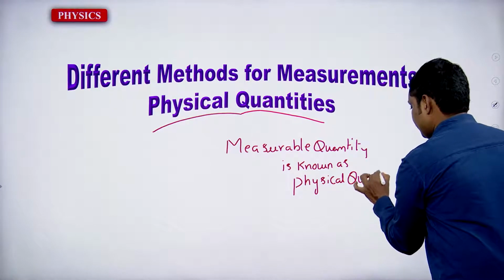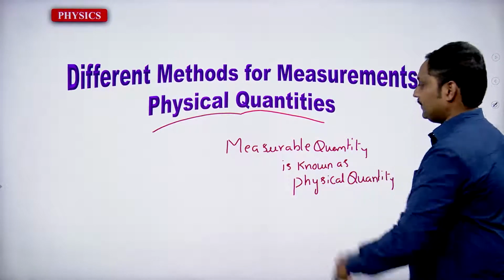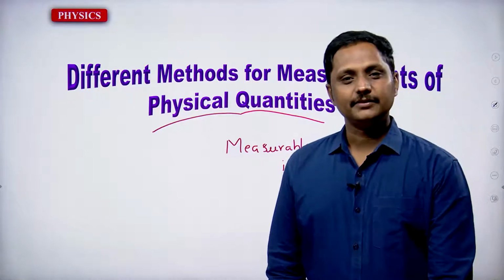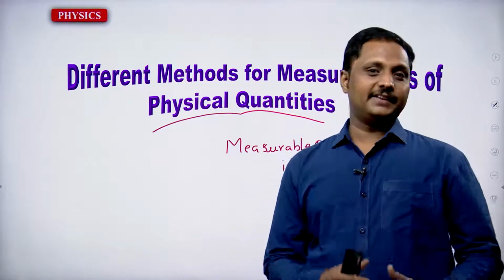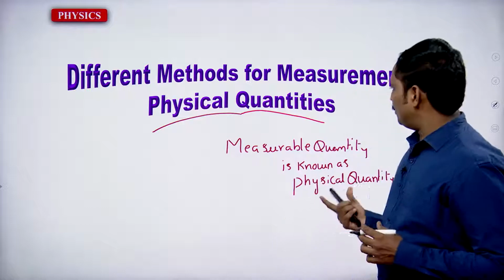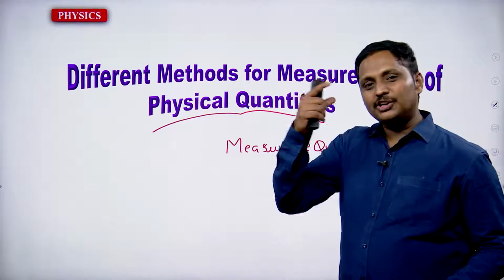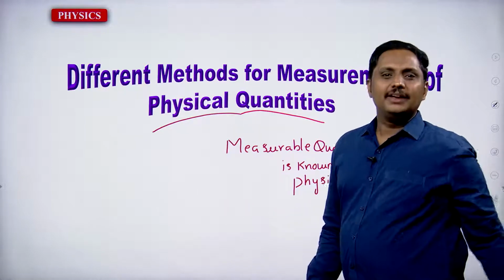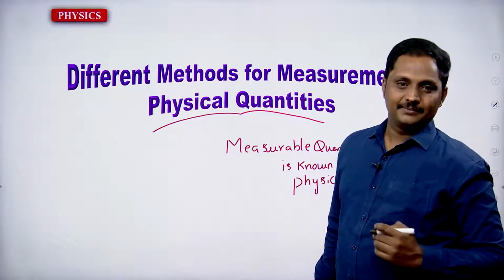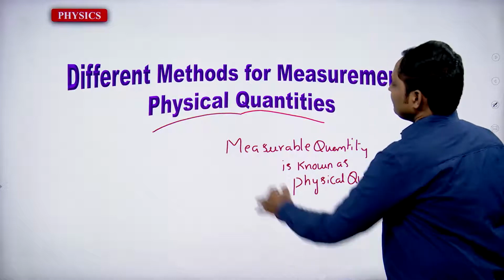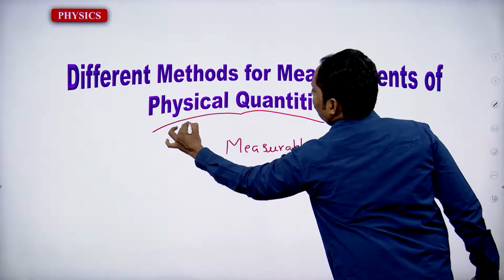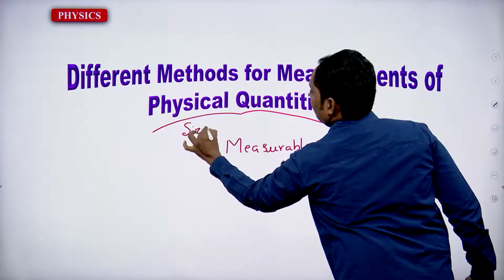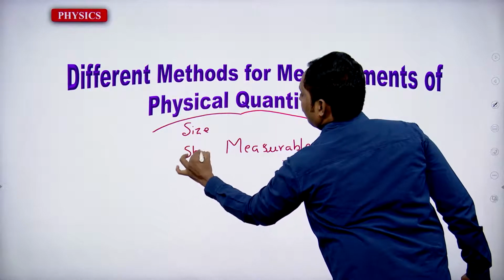All are measurable quantities, very clear. Do all quantities count as measurable quantities? No. If you take one physical quantity, it has some properties, such as size and shape.